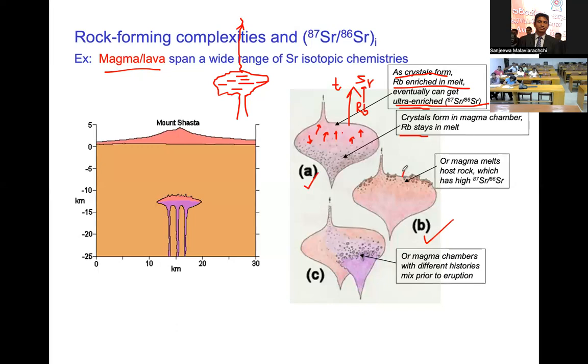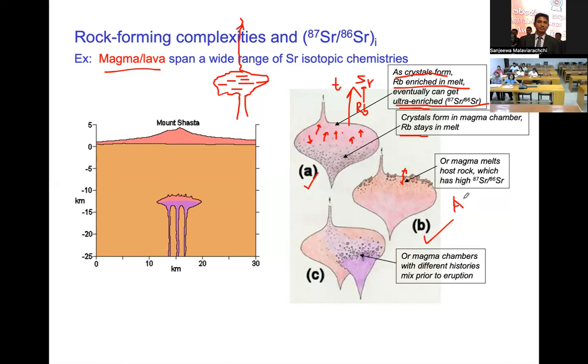This magma can react with the host crustal rock, right? So there can be interactions in between. The crustal minerals can be dissolved, and at the same time, some new minerals from the melt can be crystallized, right? So actually, this is called AFC processes. We call it AFC.